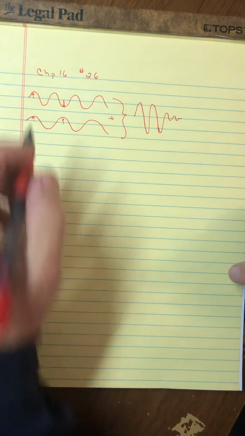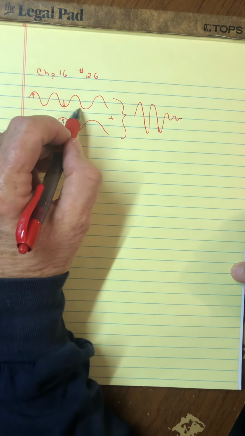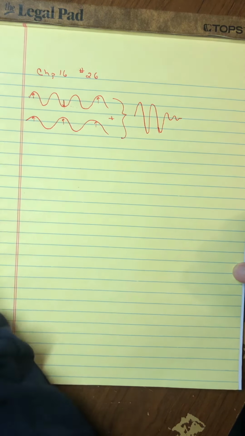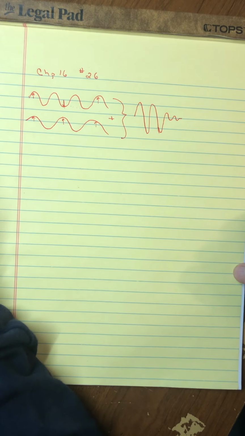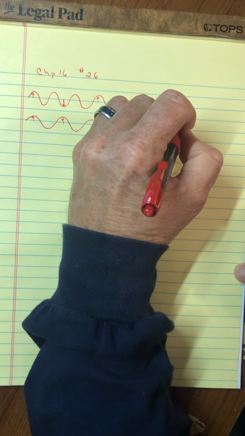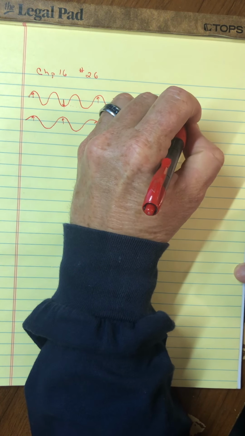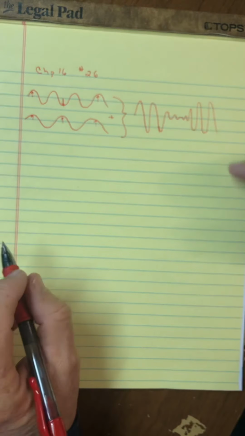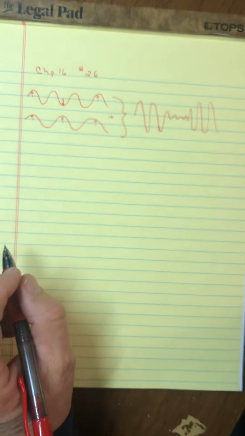You get destructive interference. Now, as time goes on, you get constructive interference again. And so it goes from zero to getting bigger again.